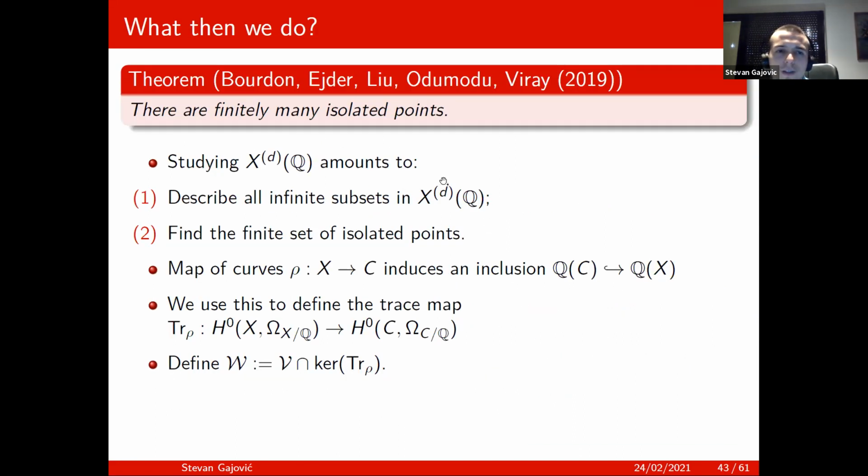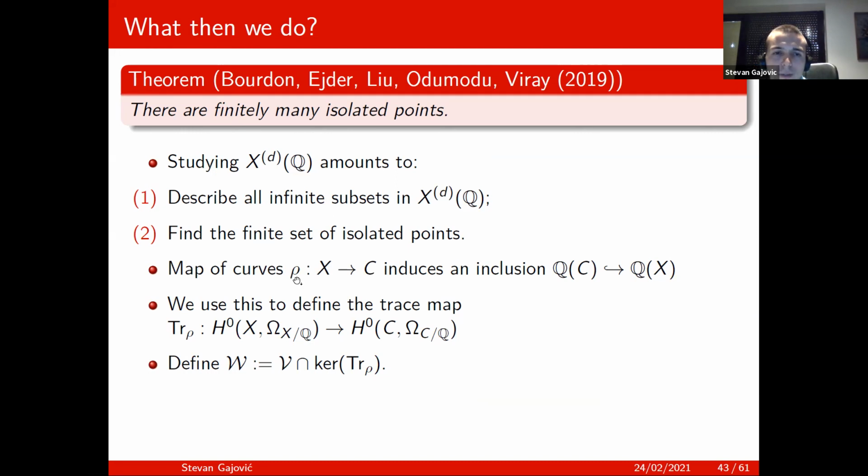Then if we want to study points on symmetric powers of curves, we first have to describe all infinite families of them, and then find the finite set of isolated points. How do we avoid this infinite subset?